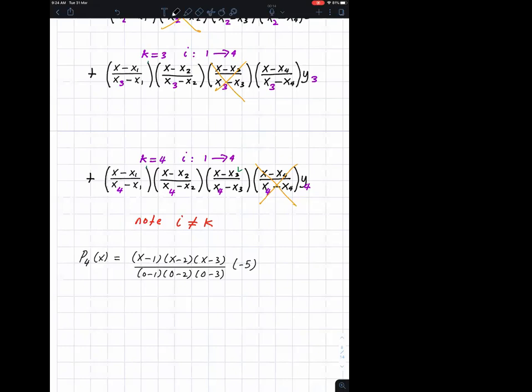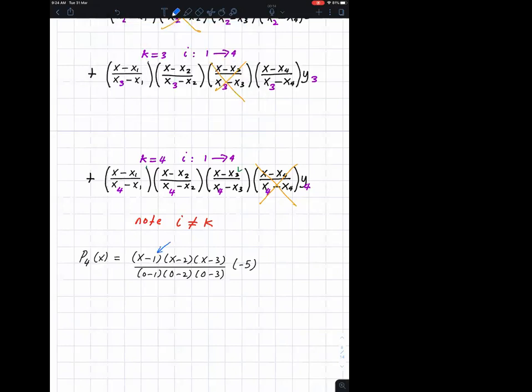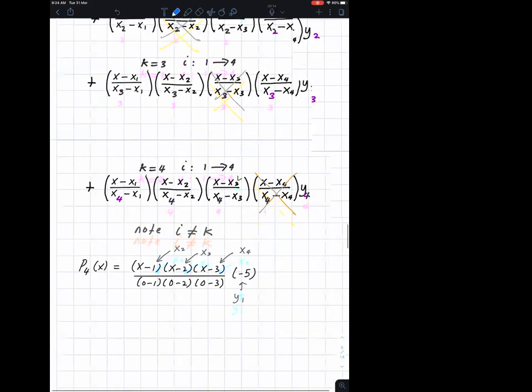Okay, this is just for information. Do you remember this value came from the table? This is x2, this is x3, this is x4, and this is y1.